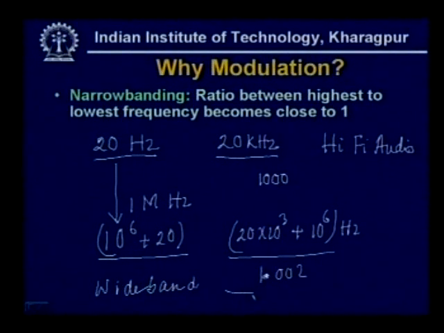Now, it is translated into a frequency of very narrow band, having a ratio of highest to lowest of only 1.002. So, this allows you to transmit very effectively by using a suitable antenna. This narrow banding is another benefit of modulation.